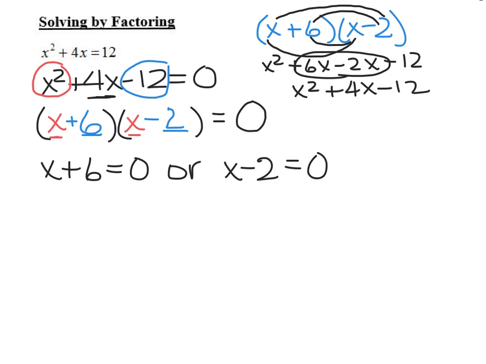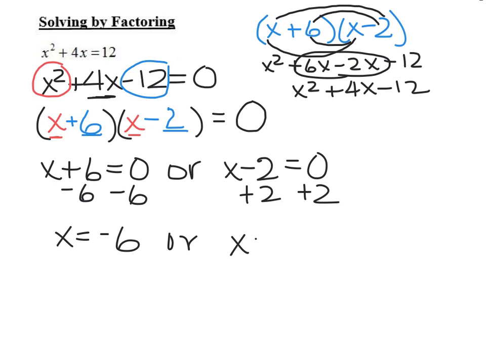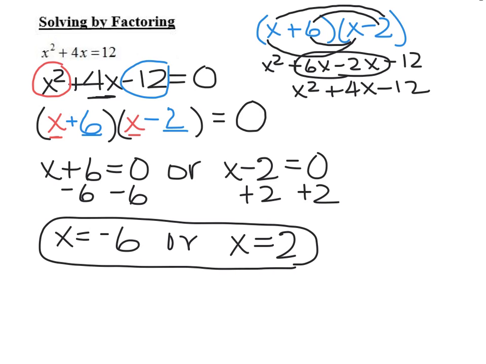And then solving those 2 individual equations will give us the 2 solutions to our quadratic equation. So subtracting 6 from both sides here will give us x equals negative 6. And then adding 2 to both sides here will give us x equals positive 2. And there's our 2 solutions for that quadratic equation.